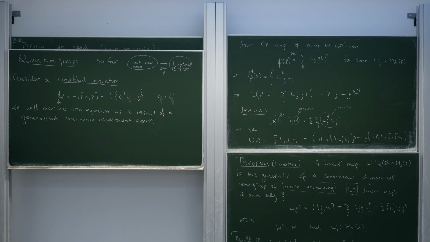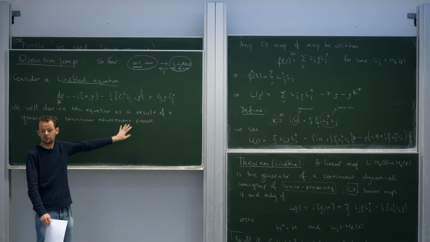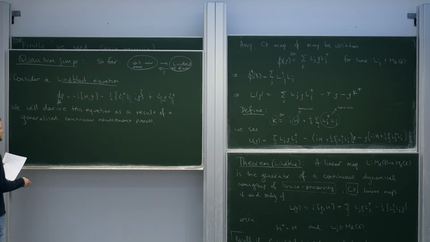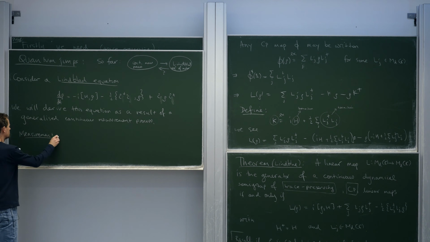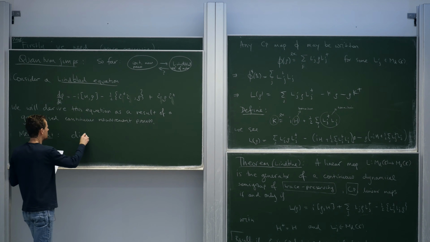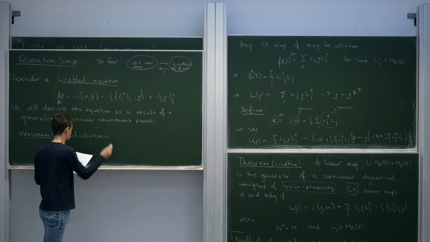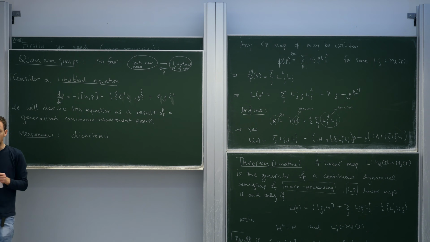This is what we're going to do now. We're going to derive this equation of motion as the result of a generalized continuous measurement process. This measurement process is dichotomic.